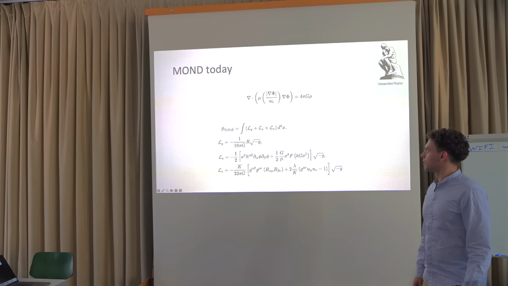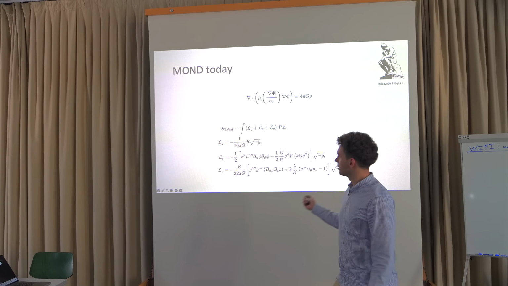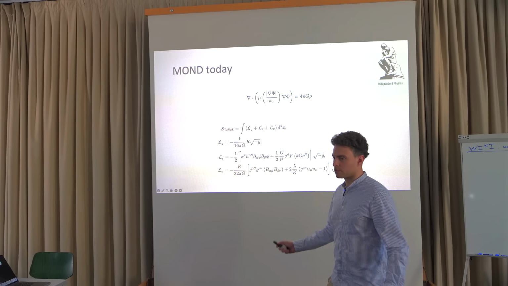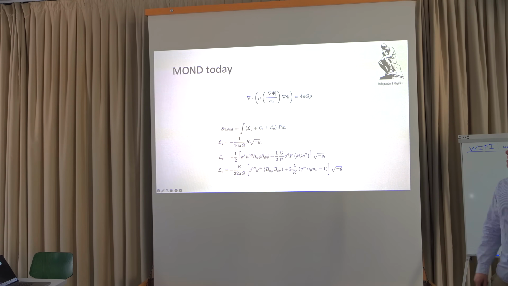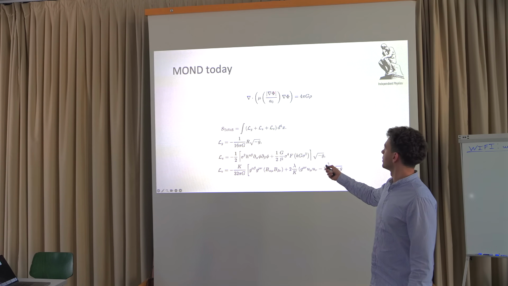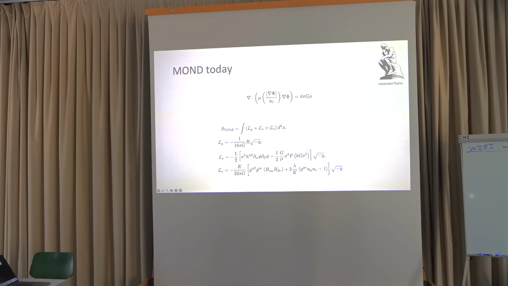So I will go very quickly through what's done in MOND after 1983. Of course, people complained to Milgrom, hey, this doesn't conserve momentum. You need to derive it from a Lagrangian. Most of the work is done as modified gravity. You introduce the interpolating function into the Poisson equation, and you can get conservation laws out of it.